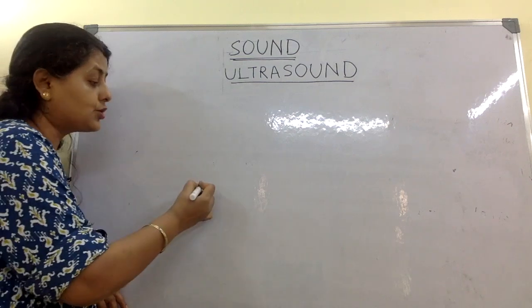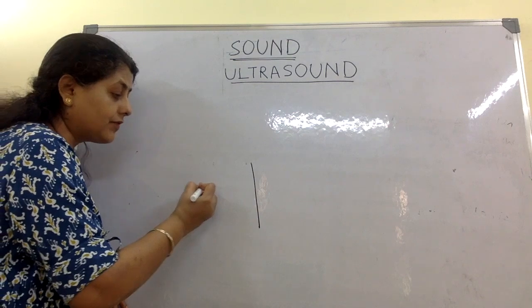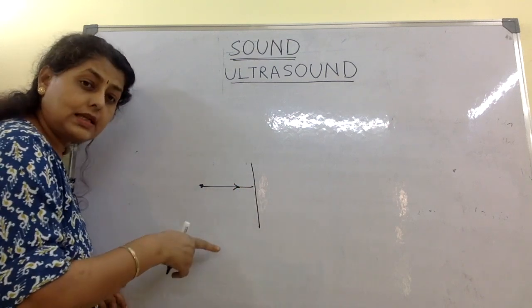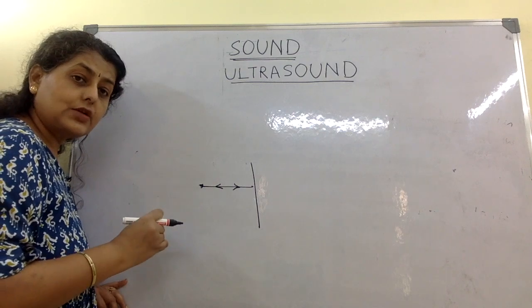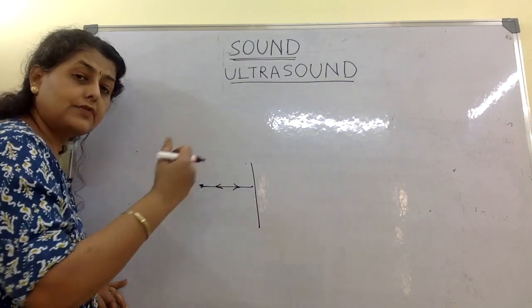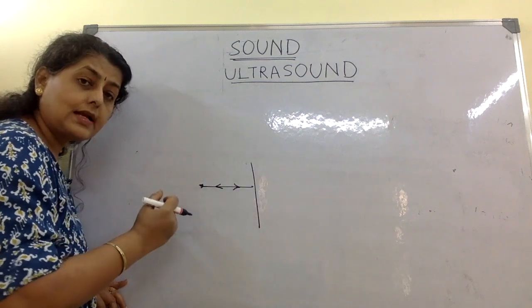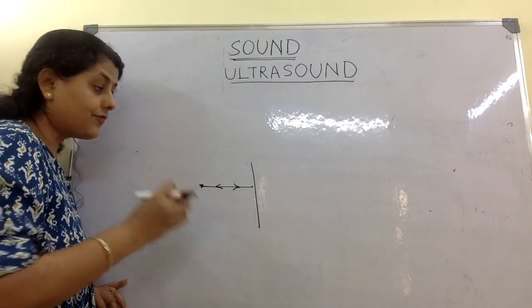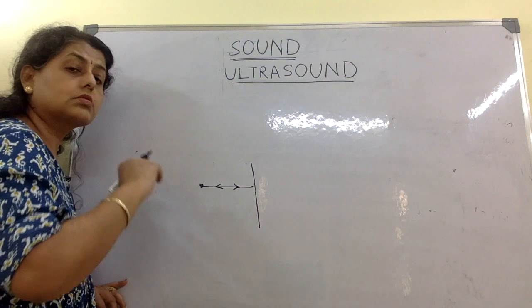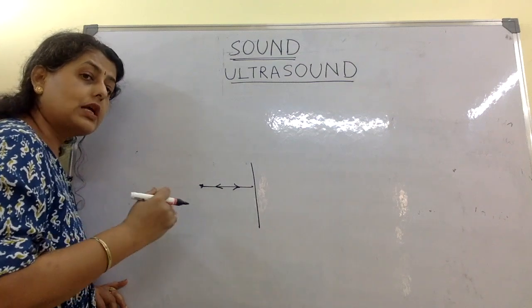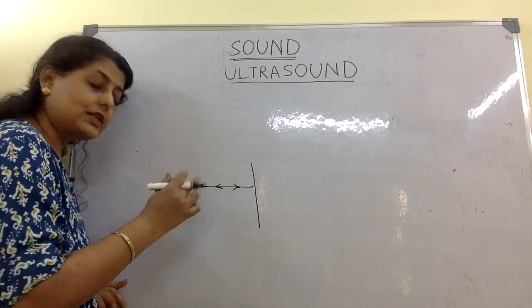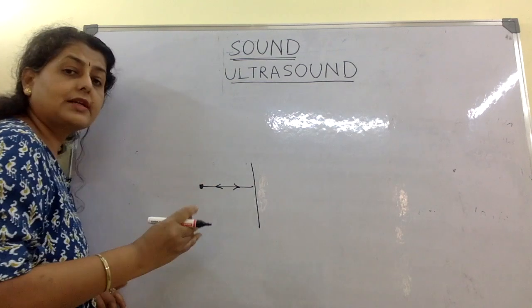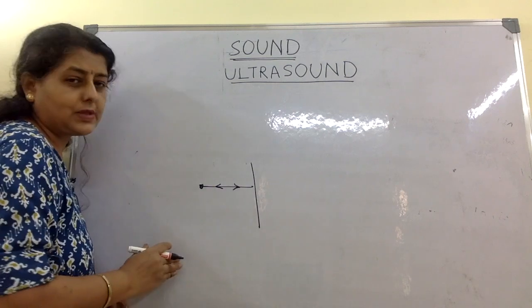If there is a wall here, the bat will give out an ultrasonic wave, and just like our sonar, it can understand how soon the vibration came back, and whether this is a prey or an obstruction. How far is its prey, how far is its obstruction. So it can go for the prey or keep itself safe from the obstruction.